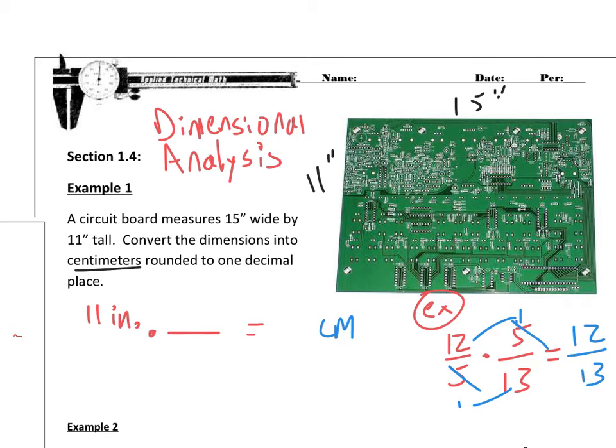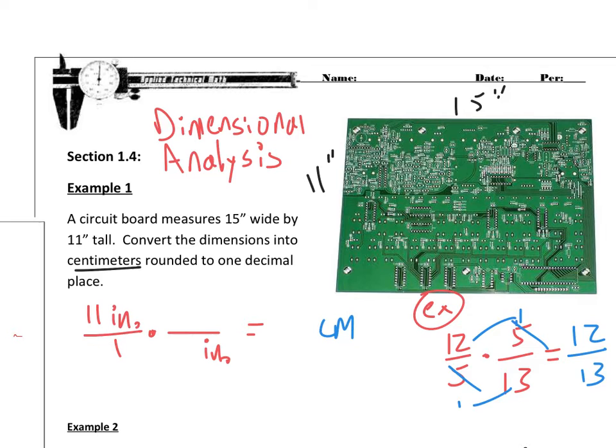So I want to get rid of the units, inches. Just like if I have 5 on top and 5 on bottom, they cancel. Here I have inches, and it really is on top because I can always take any fraction and put it over 1. So I have inches on top, and I'm going to write inches on bottom.